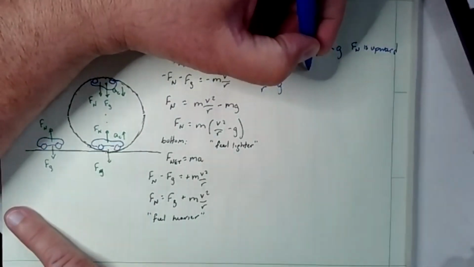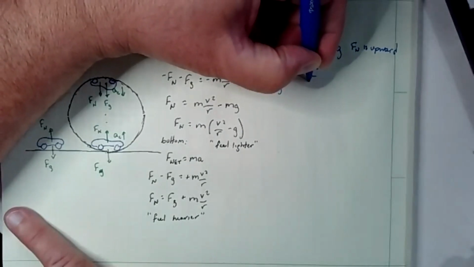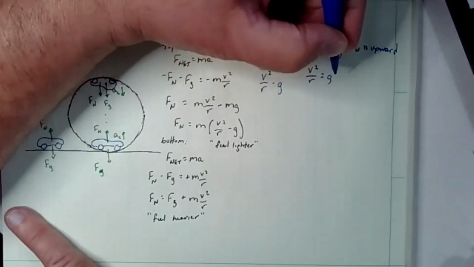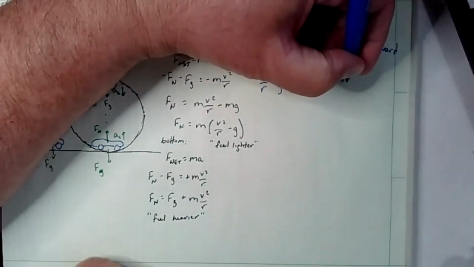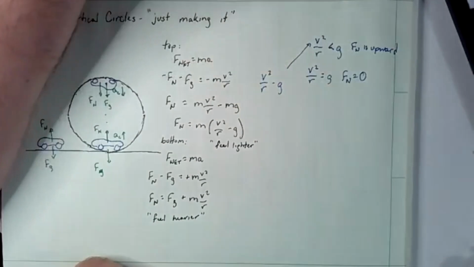And if it's equal, this is our condition for just making it, where the normal force is equal to 0.